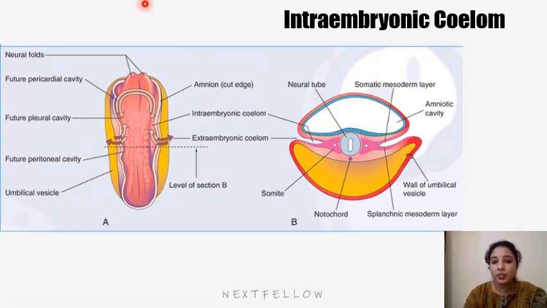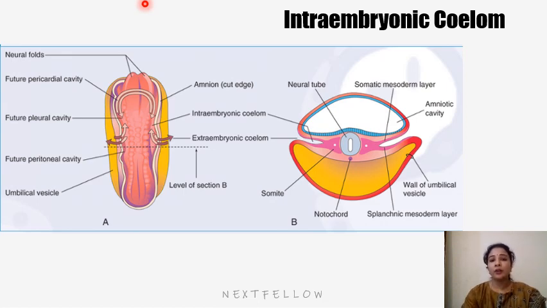So the space between these layers becomes the body cavities, that is the coelom, and that stretches from the future neck region to the posterior of the body. During later development, the right and left side coeloms fuse, and folds of tissue extend from the somatic mesoderm, dividing the coelom into separate cavities.